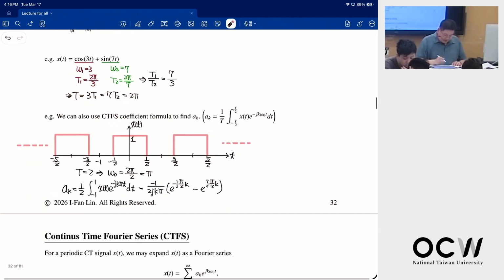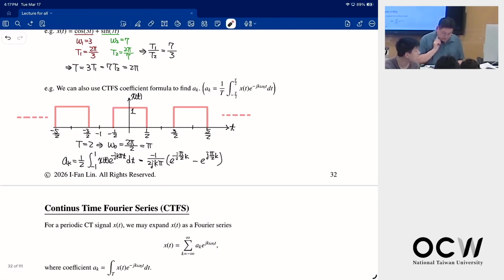For a periodic continuous time signal, we can express this periodic signal by Fourier series. So remember that for a periodic continuous time signal, we can express our signal using Fourier series, if your signal is periodic. And here's the coefficient.